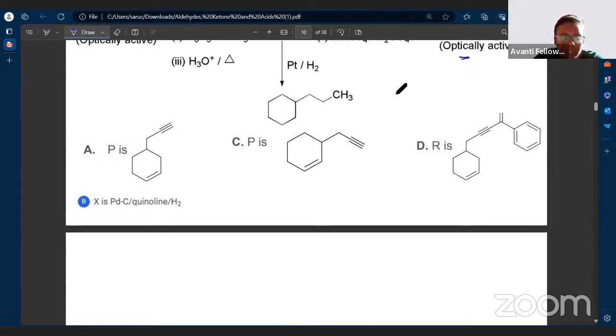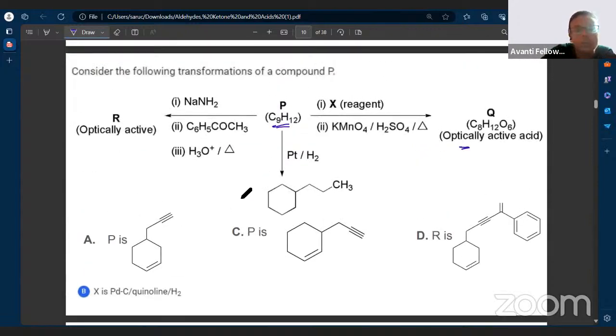You have to find out the reaction. First, we will find out how this compound is formed, because this is the only known compound. When you do dehydrogenation with platinum, it will get converted to this compound.